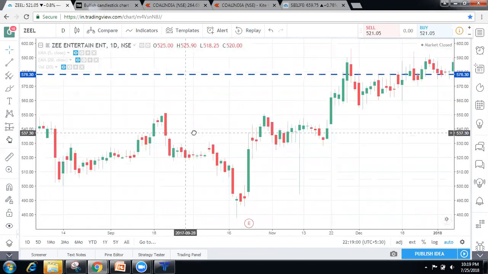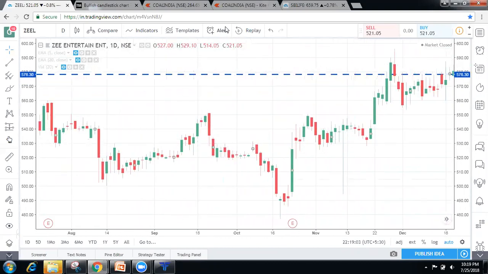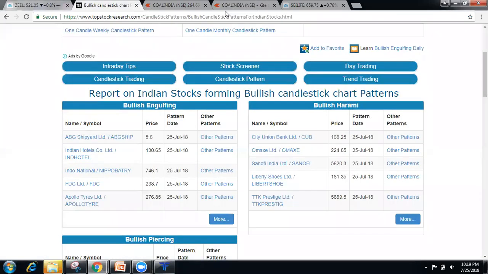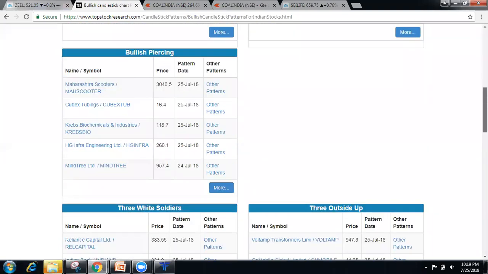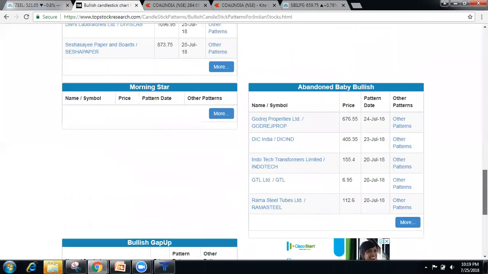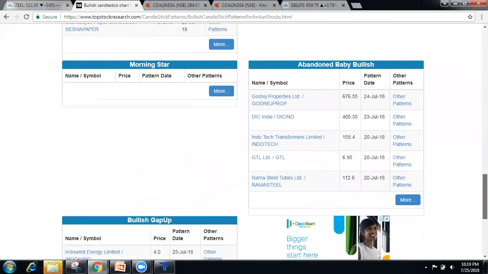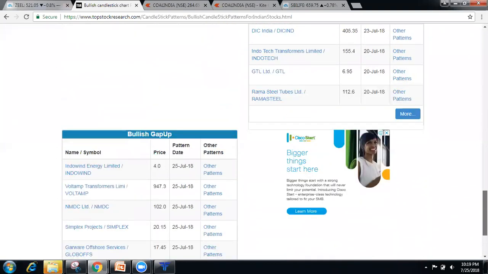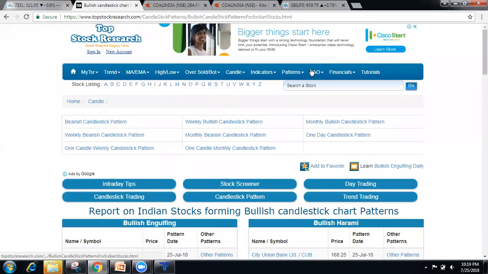What I told you, bullish and bearish engulfing is very easy to find out. Now for other patterns, you can use the software here. Morning star, nothing is available. And if you want, you can go to here.